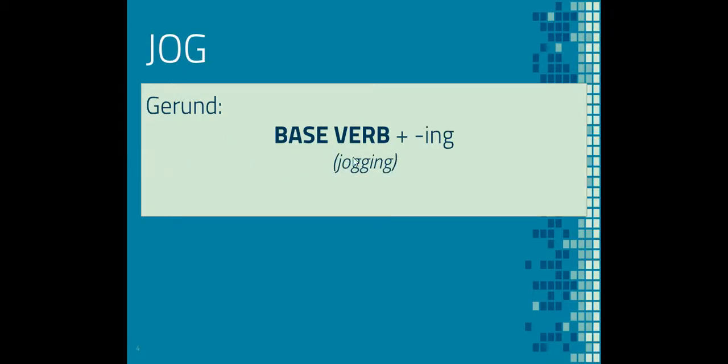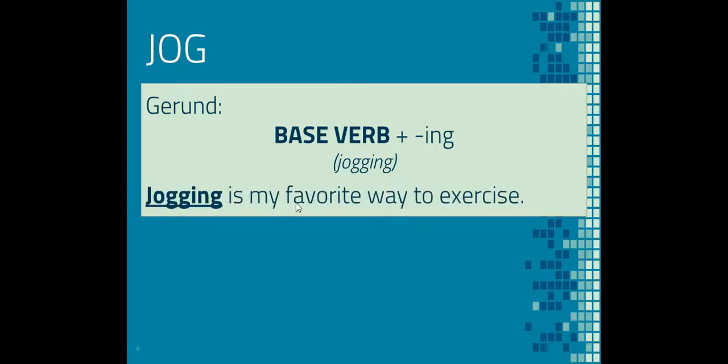Let's take a closer look. To make a gerund, we use the base form of the verb, jog, plus ing. So we get jogging. And see, if we end with a consonant, we double up that G, GG. In our sentence, jogging is my favorite way to exercise. And here, this is being used as a thing.